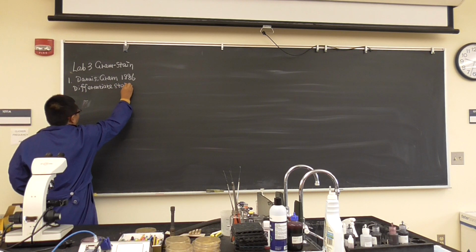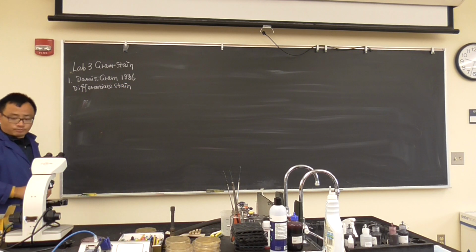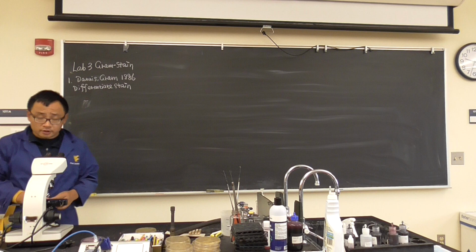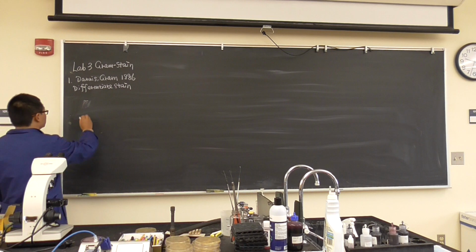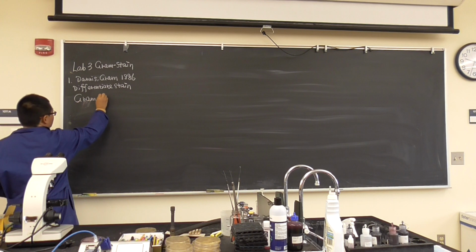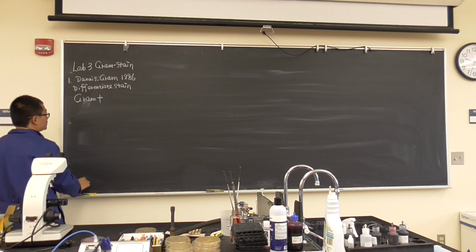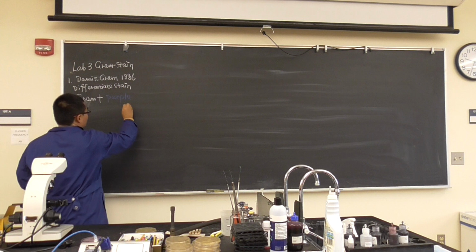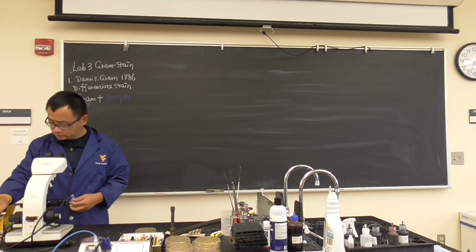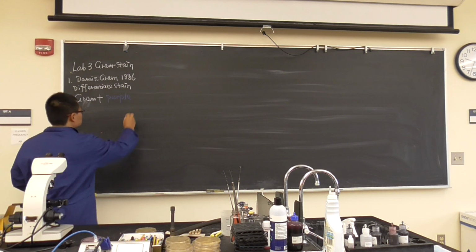We already talked about in the lecture that, based on the color results, we could categorize microorganisms, basically bacteria, into two categories. Gram-positive bacteria stain purple, or we say blue sometimes.